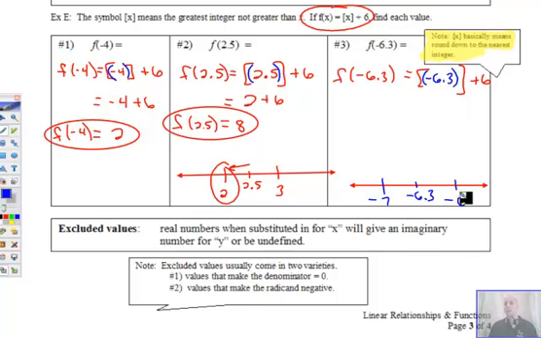Negative 6 is bigger than negative 6.3. Or at least I should say, bigger is a relative word, I guess. Negative 6 is to the right of negative 6.3 on a number line. Negative 7 is to the left. So if I'm going to round down, this is negative 7 plus 6, which is negative 1.